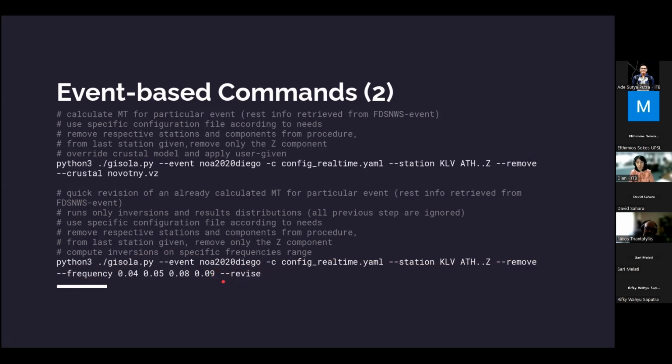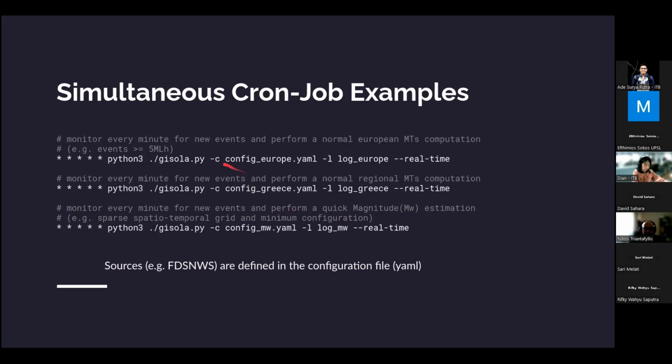You can provide the --revise option to start from the inversion phase, skipping all the other phases like green function computation or retrieving data again, because these data are already there, and do the inversion and the plotting of the results. Again, here is for real-time operations. You can have cron jobs, if you are familiar with Linux configurations, where you can have a monitoring type of operation here.